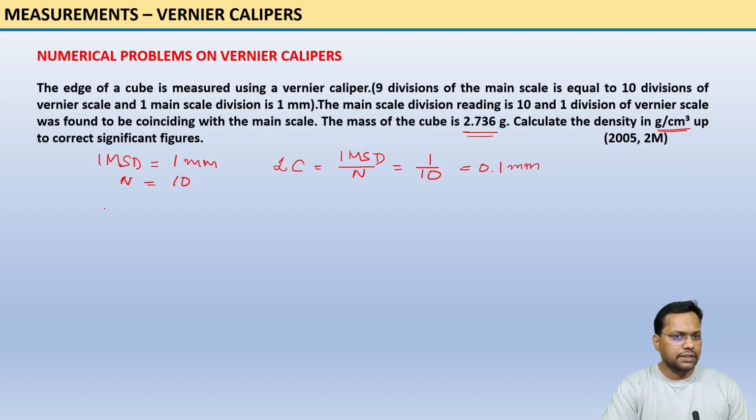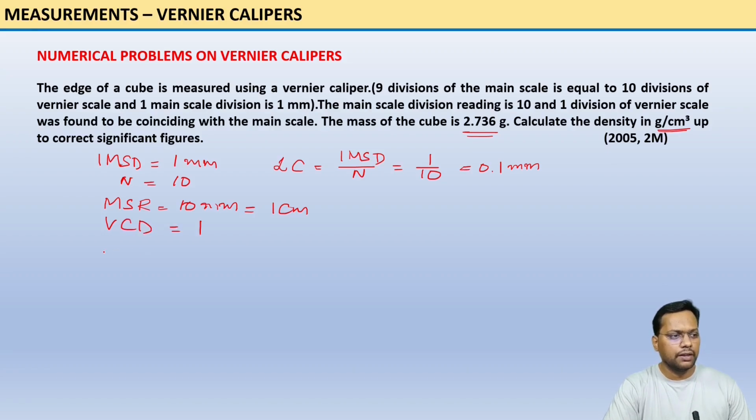And the main scale reading is 10 mm, that is equal to 1 centimeter, and the division on the Vernier scale coinciding with a main scale division, that is VCD, is equal to 1.